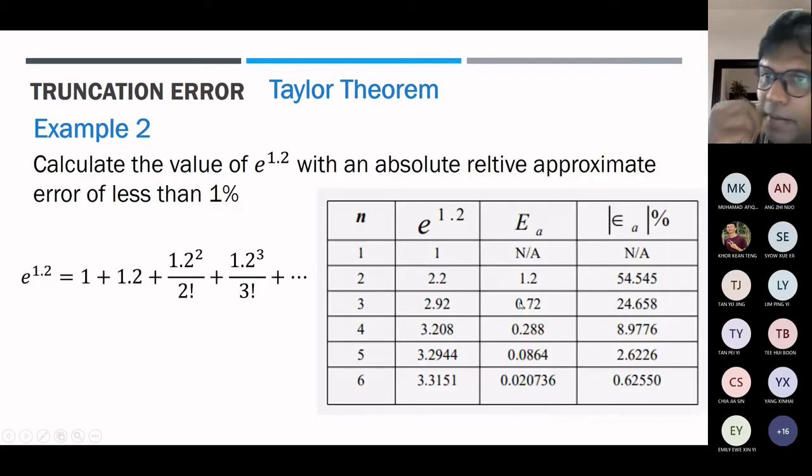In numerical analysis, this is very important. You need to consider it because, for example, in standard finite difference we have the forward finite difference, the backward finite difference, and the central finite difference.